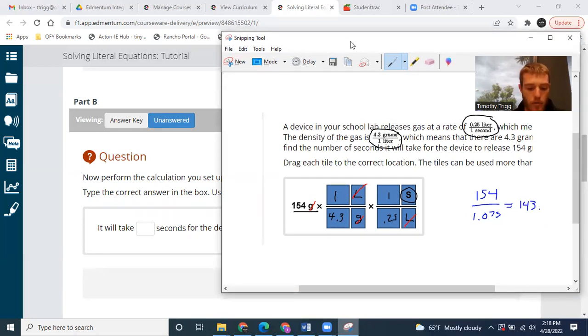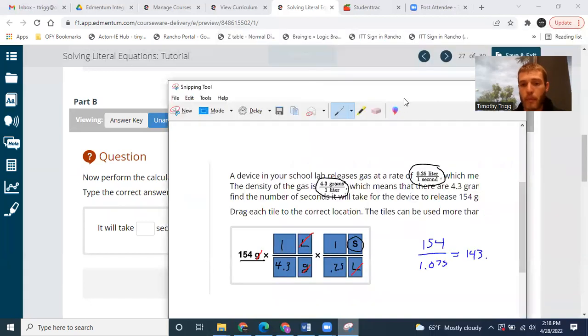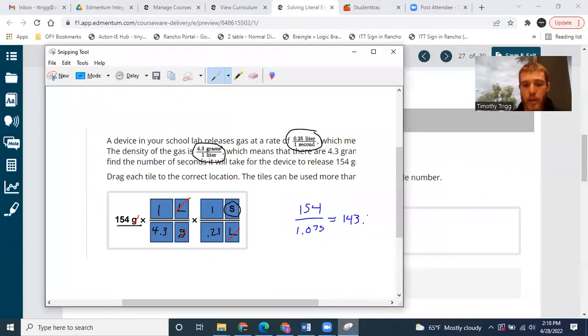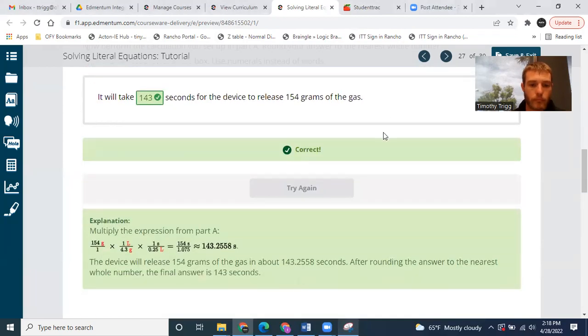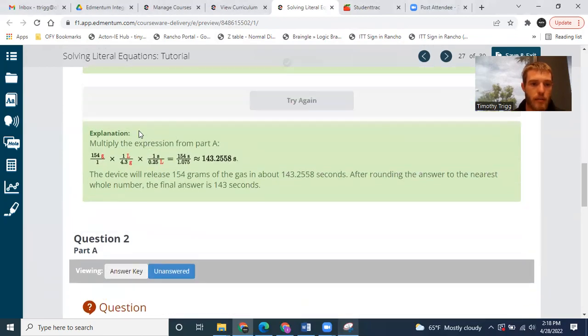Round to the nearest whole number, so 143. It was 143.2. So we round to the nearest whole number, which is where the 3 is. Would this 3 round up or stay the same? Well, it stays the same because this 0.2 is less than 5, so that does not round the 3 up. You can see the calculation, same as what we did, right?